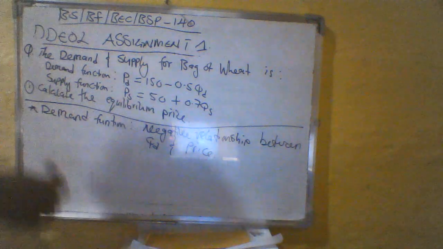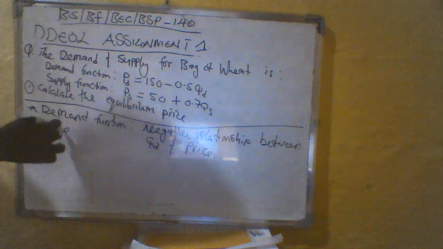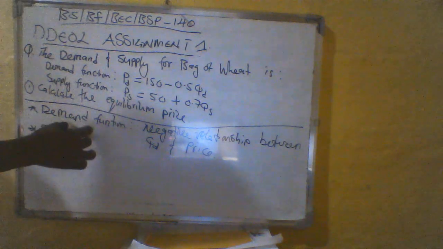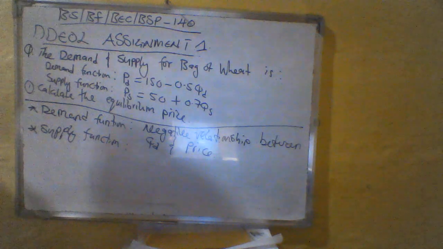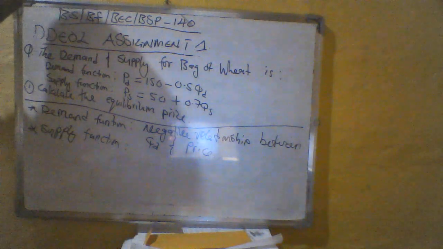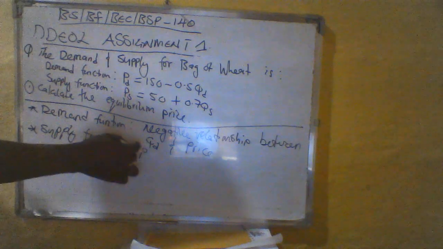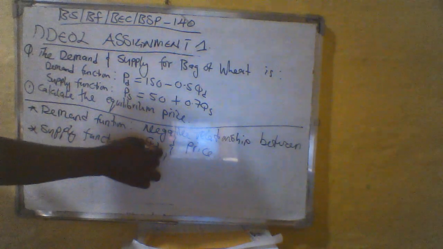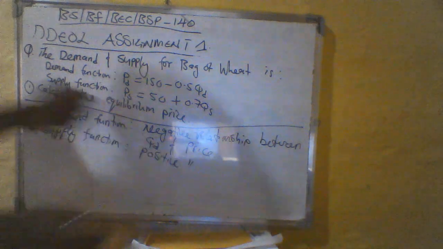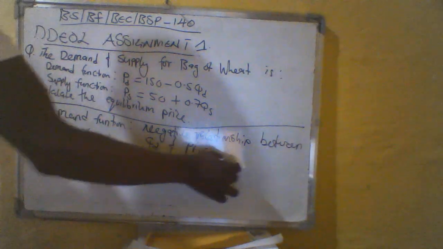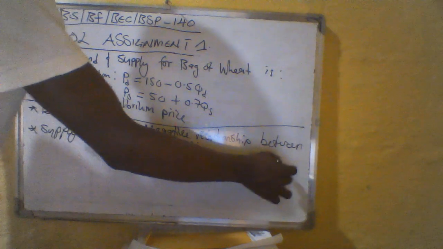And then when you look at the supply function, it's the opposite of the demand function. So with the supply function, what do I have? The supply function here shows a positive relationship between the quantity of supply and the prices.